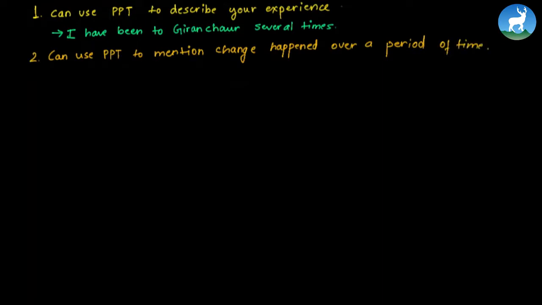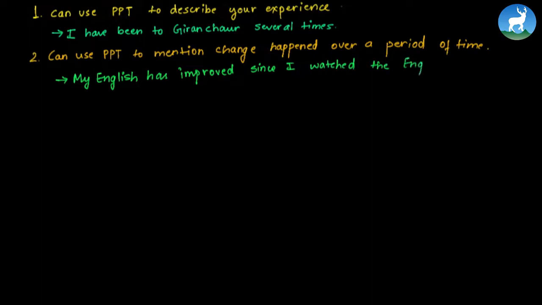For example, my English has really improved since I watched the English learning videos. So this is a change that has happened over a period of time, that your English has improved since you started watching the learning videos.